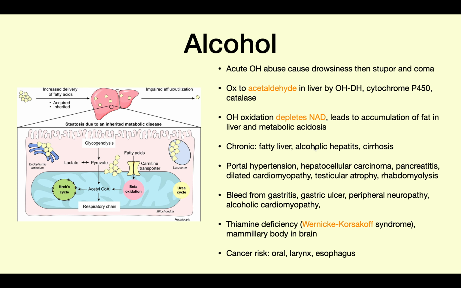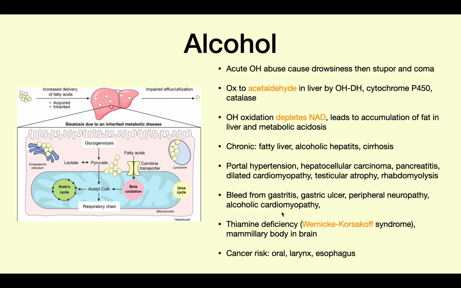So these are the chronic signs of alcohol abuse. It's going to lead to, let's see, the important ones are going to be the portal hypertension, pancreatitis, hepatocellular carcinoma. There's going to be bleeding from gastritis, the gastric ulcer.